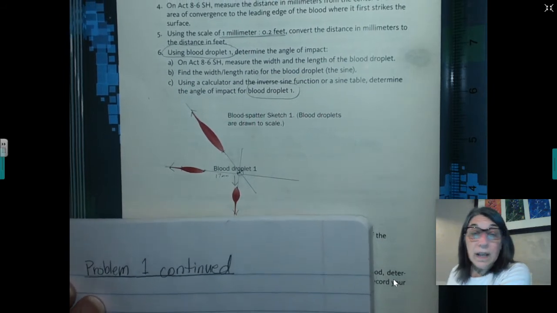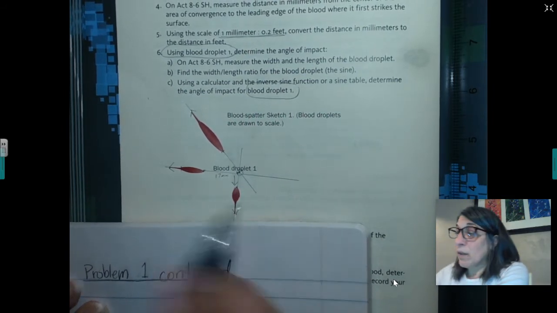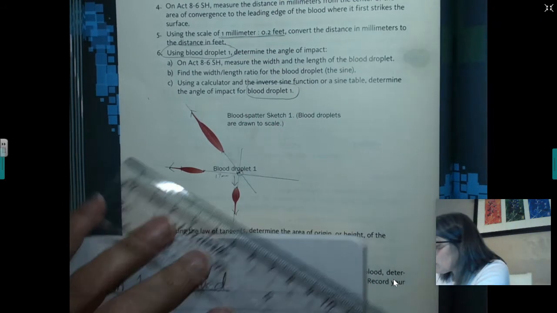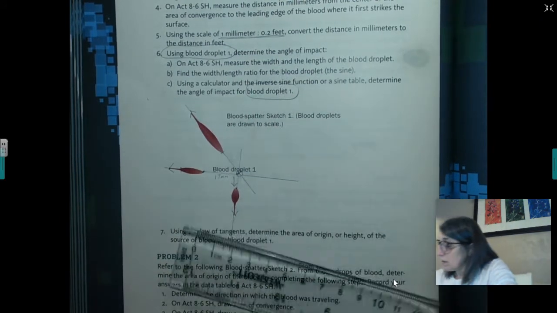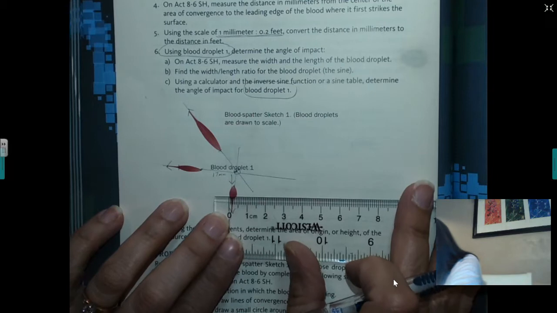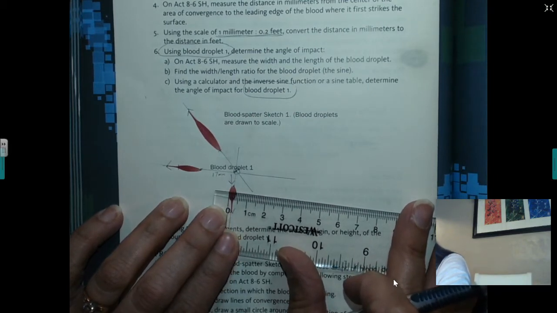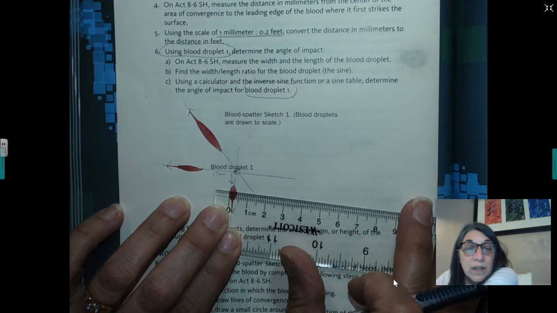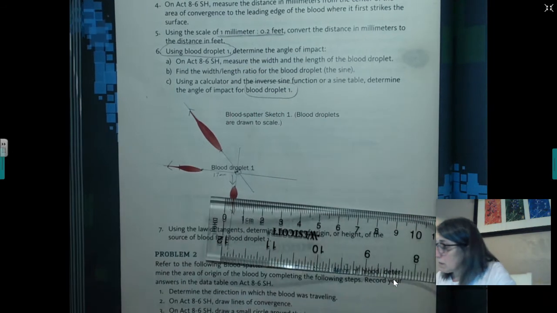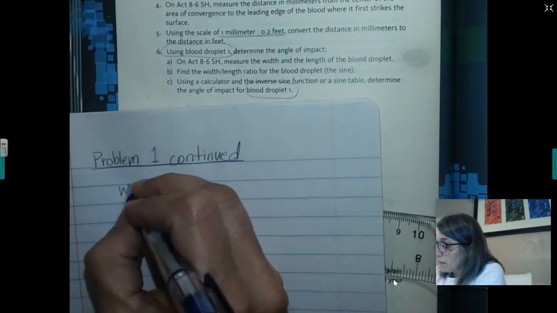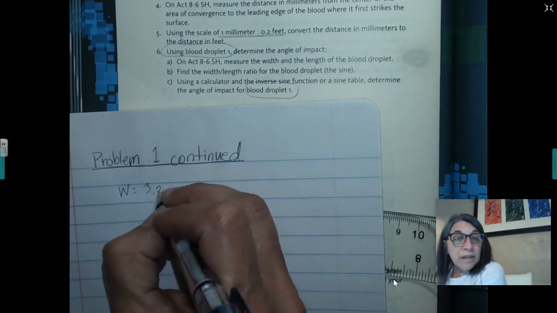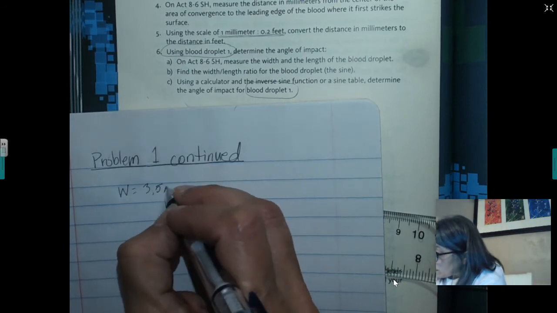So anyway, the next thing I need to do is figure out my angle of impact. So I'm going to take this blood droplet and I'm going to measure my length and width. The width of this one is about 3.5 millimeters.